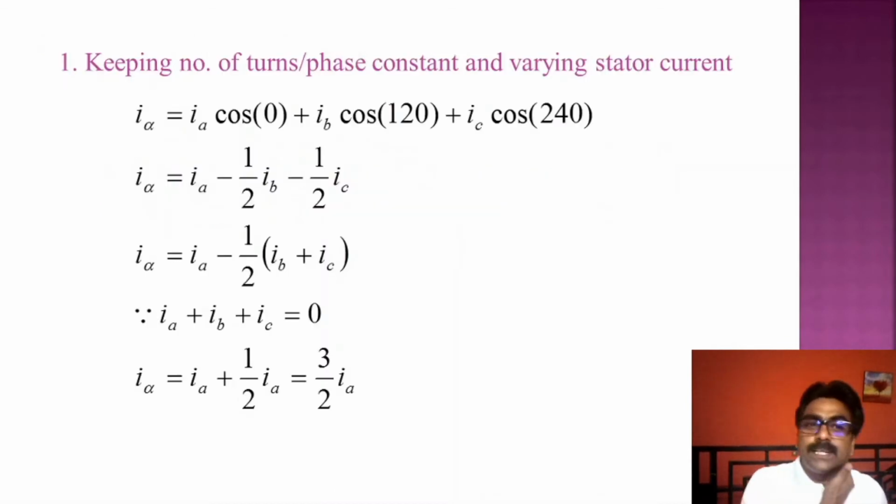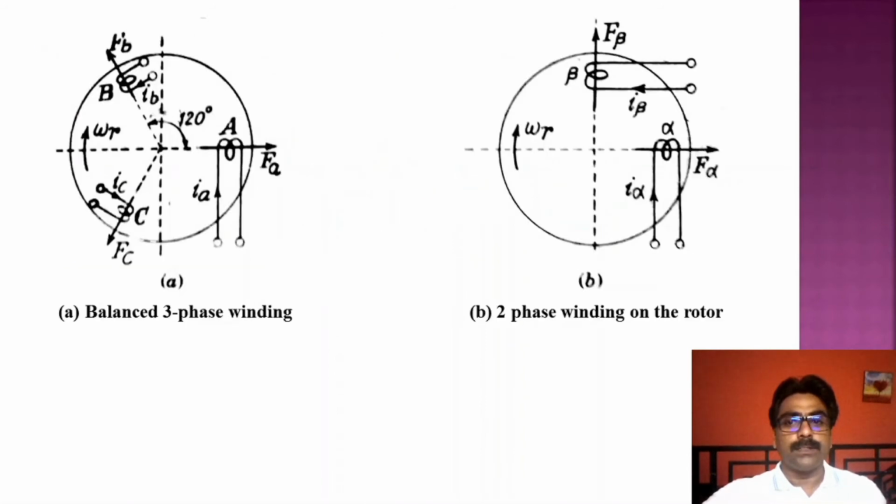So in the first technique, keeping the number of turns per phase constant and varying the stator current, the equation is what we have already seen. I alpha is equal to... in order to see this again, we should go back to this diagram.